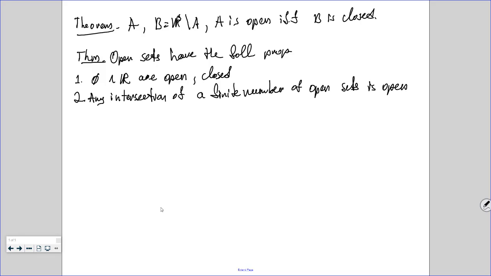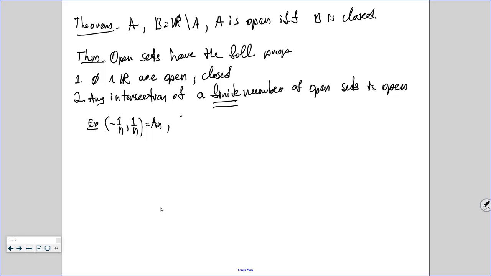An interesting point here is why we need it to be finite. What if it's infinite? In this case, we can give an example. Suppose we are dealing with a family of open sets indexed by n.